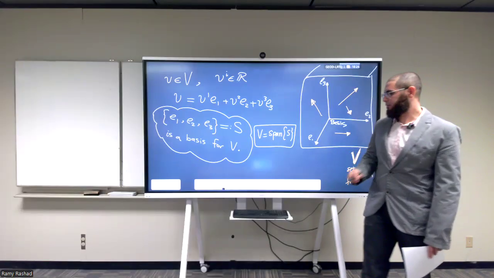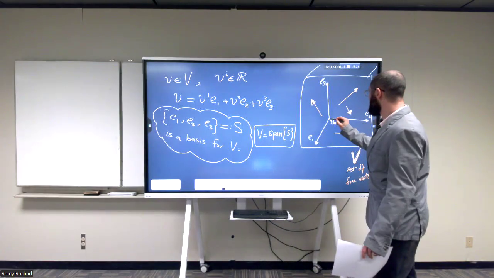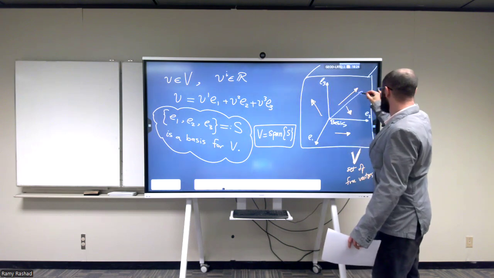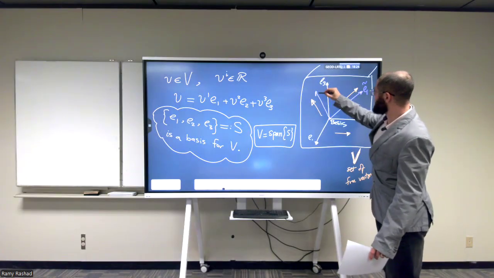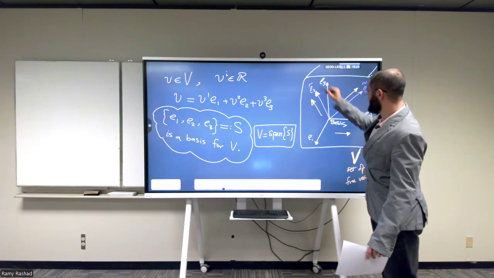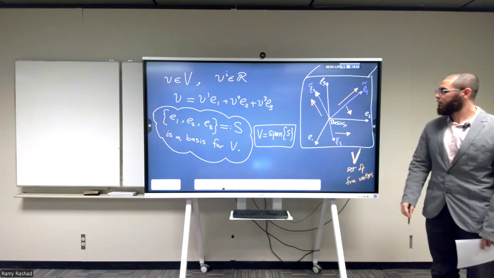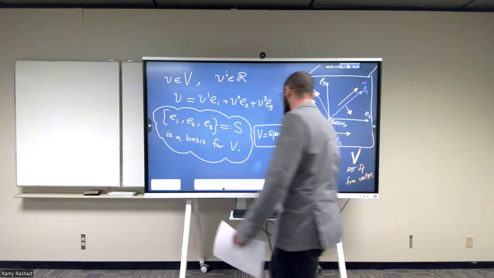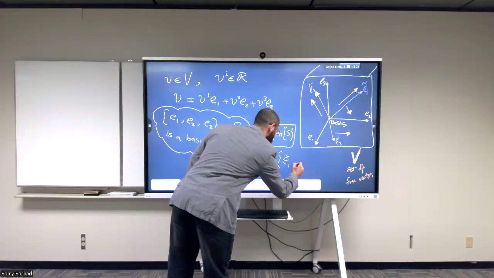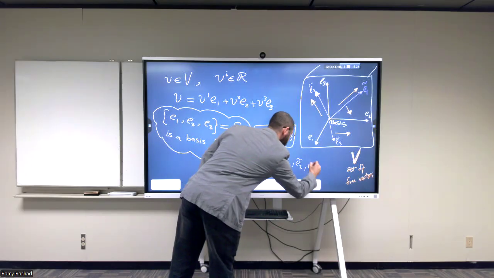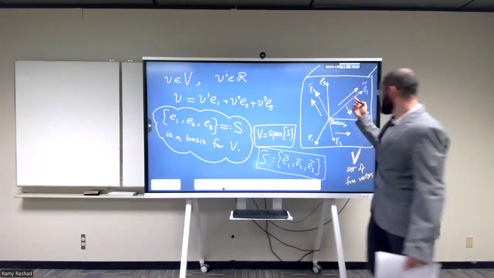A very important question. If I chose these e's and someone else chose his own E1 tilde, E2 tilde and E3 tilde, and I define a new set, let's call it S tilde, that has the vectors E1 tilde, E2 tilde, E3 tilde, can S tilde also generate V?